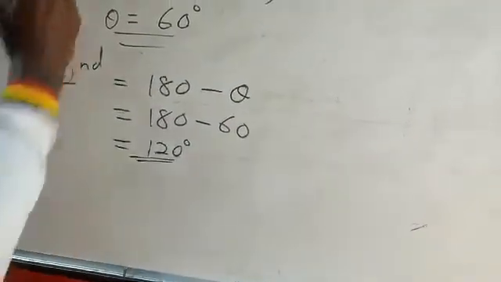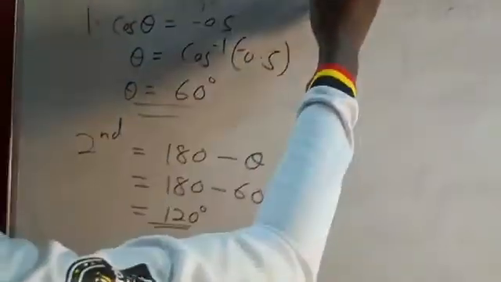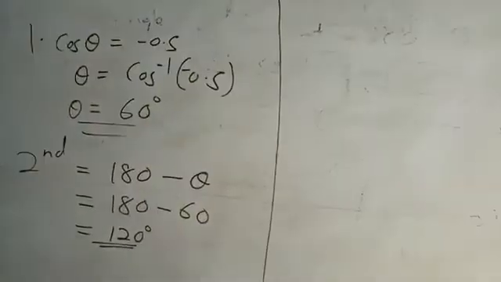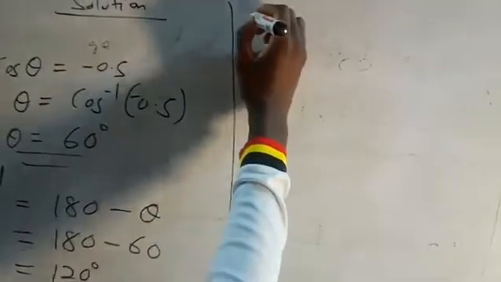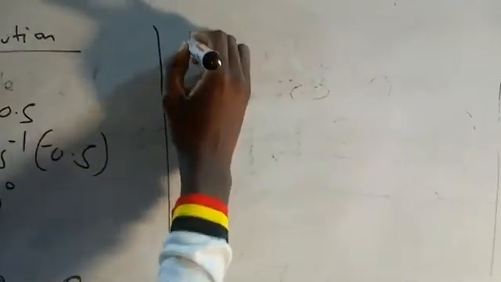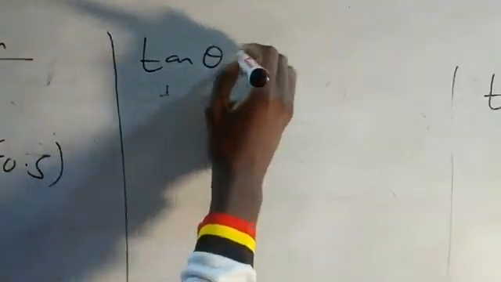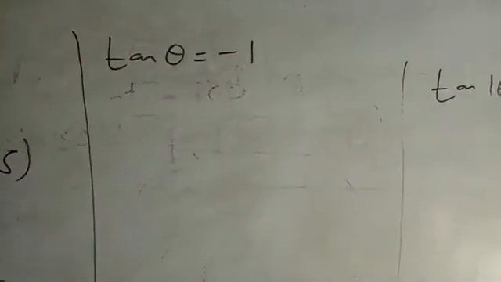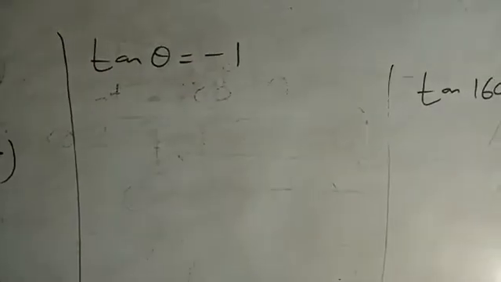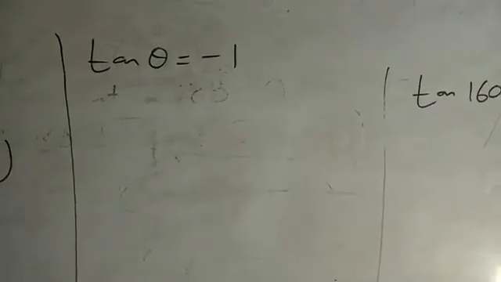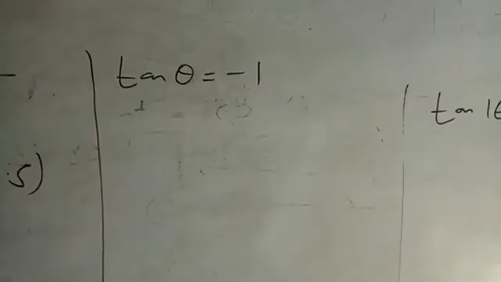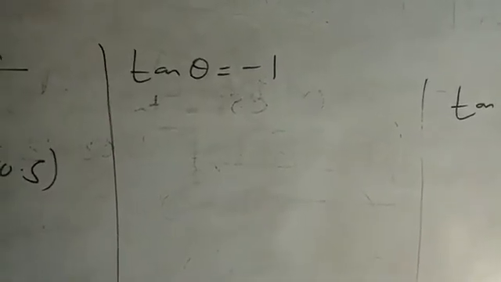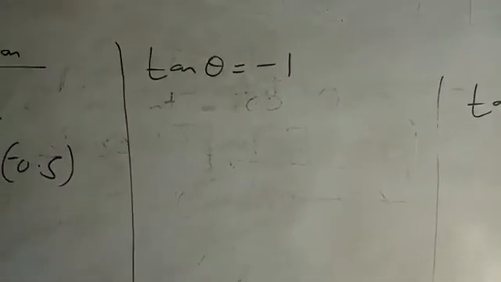So let's go on to number 2, which is tan theta. Tan theta is negative 1, and we know tan theta to be negative, it's either in the second quadrant or the fourth quadrant.